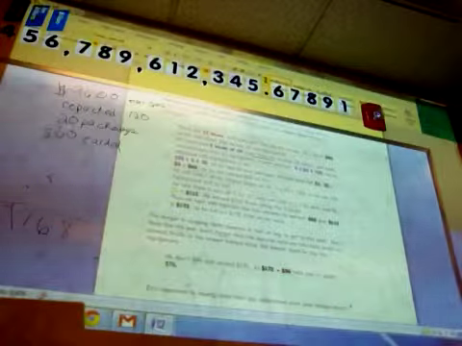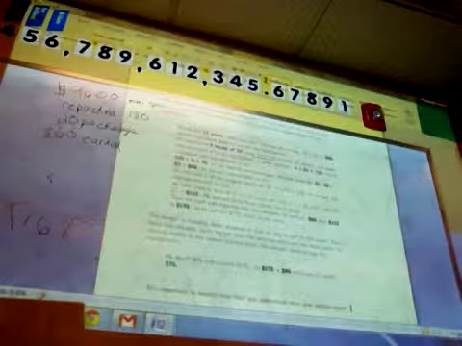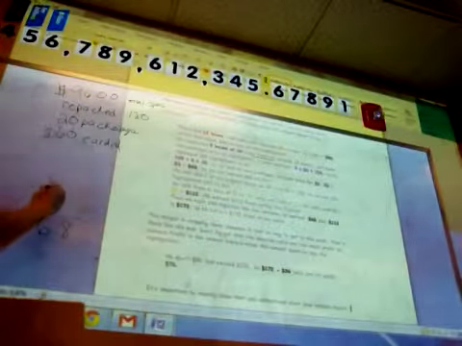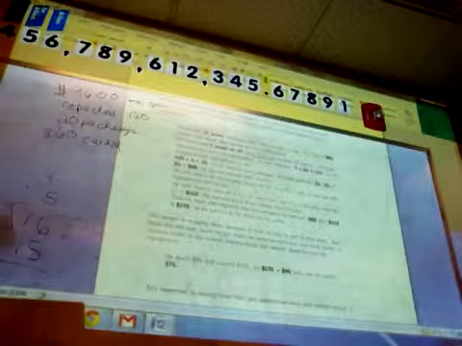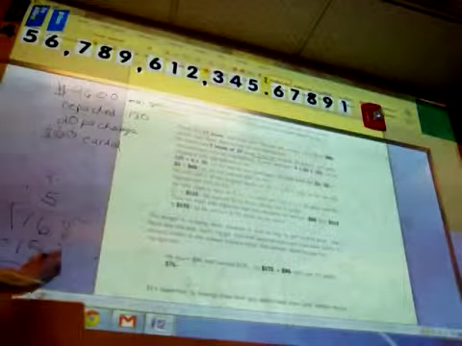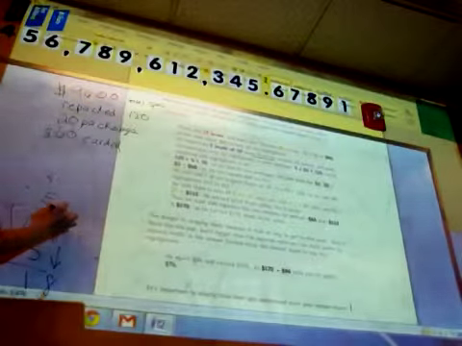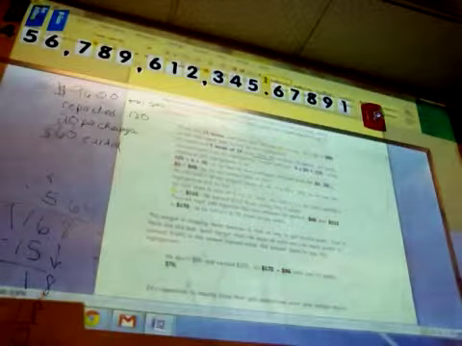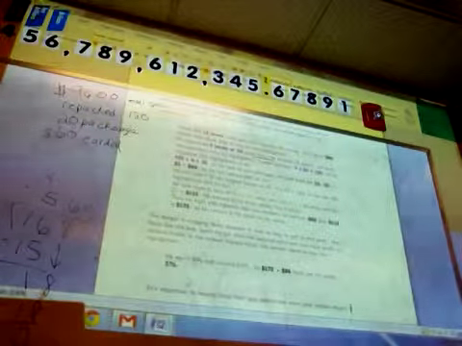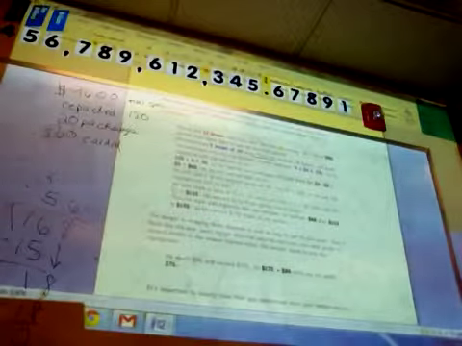How many times can 3 go into 16? 5 times. 5 times 3 is 15. 16 minus 15 is 1. Bring down my 8. 3 can go into 18 6 times. 6 times 3 is 18. Subtract, and I get 0. Okay, so now I know that he has 56 sets.